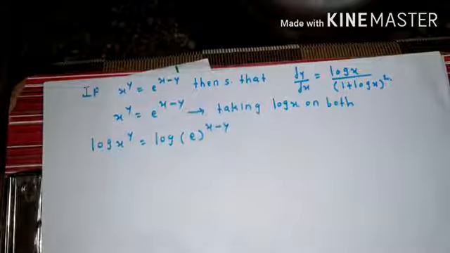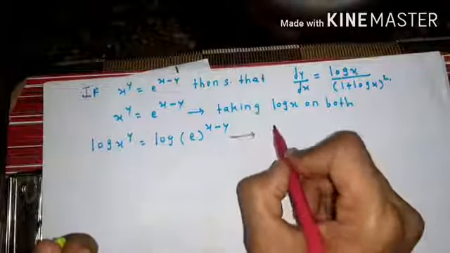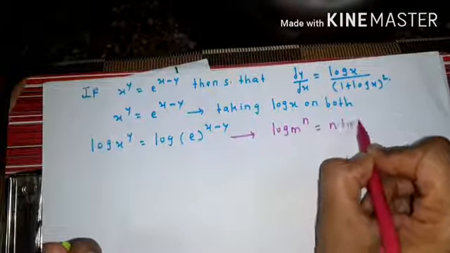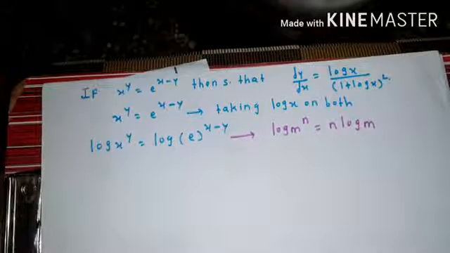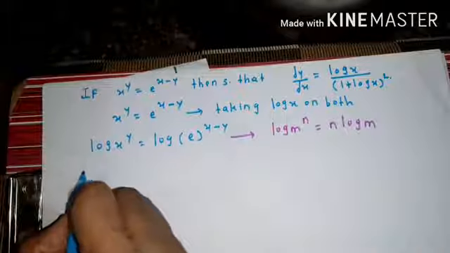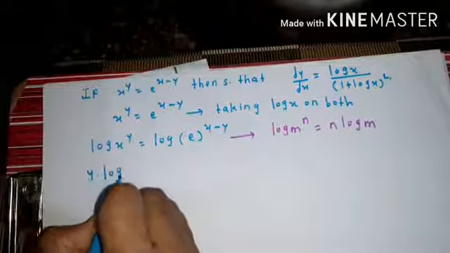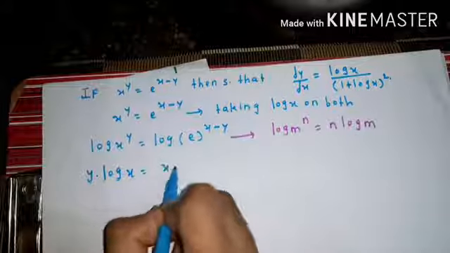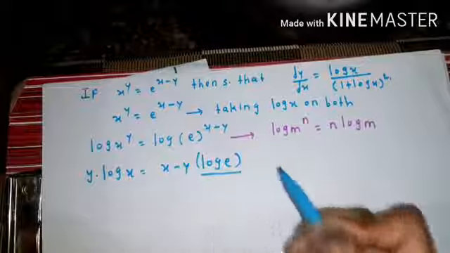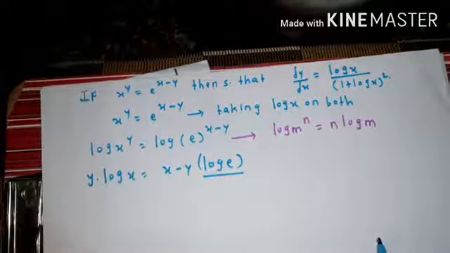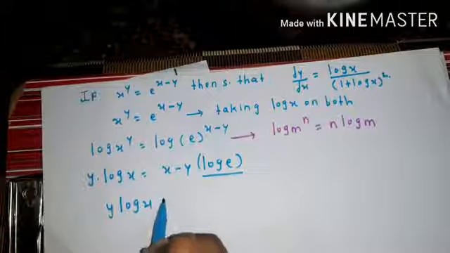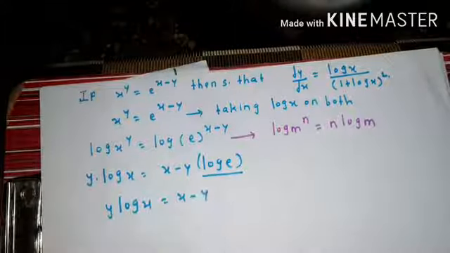By using the rule of logarithm, log of m raised to n equals n into log of m, this will be y into log of x equal to x minus y into log of e. You know the value of log of e is 1, and that's why y log of x equal to x minus y.